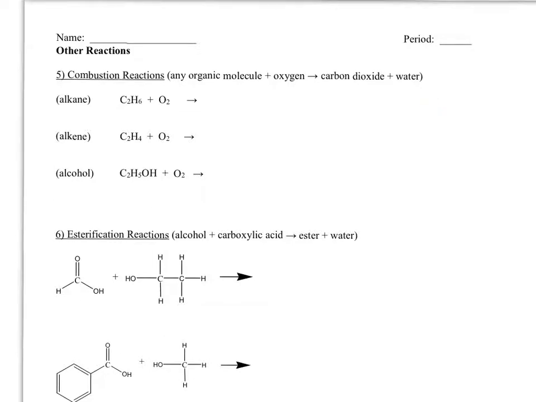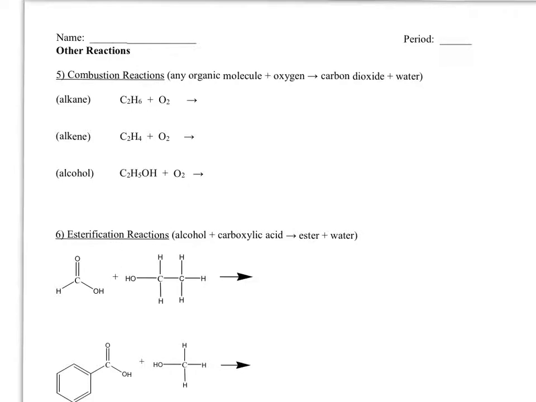Now, don't let it intimidate you. I could give you any type of organic molecule. So I could give you this and add O2. I could give you this and add O2. I could give you something as simple as this and add O2. Any organic molecule plus O2 is going to give you CO2 and H2O, and it's going to be combustion.